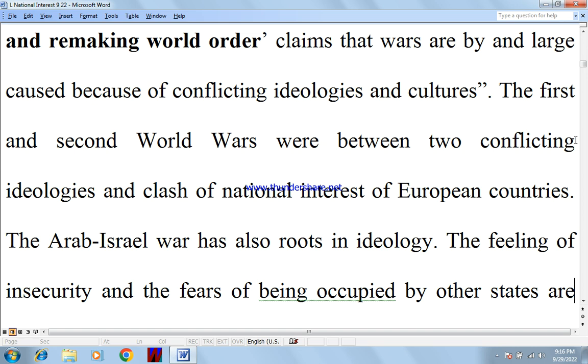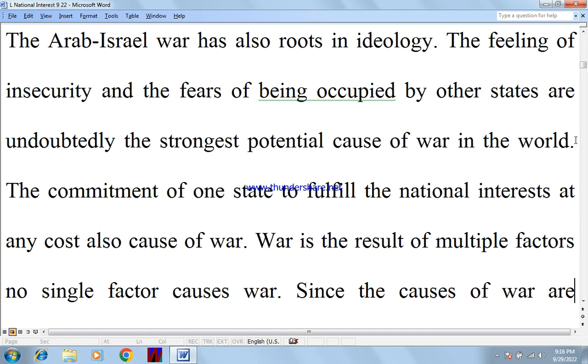The First and Second World Wars were between two conflicting ideologies and a clash of national interest of European countries. The Arab-Israel War also has roots in ideology.